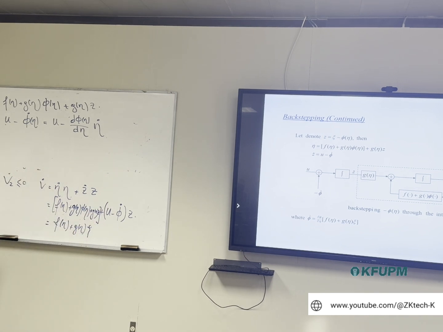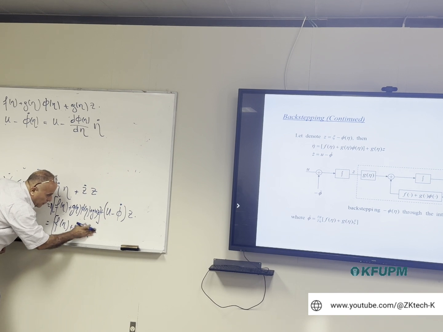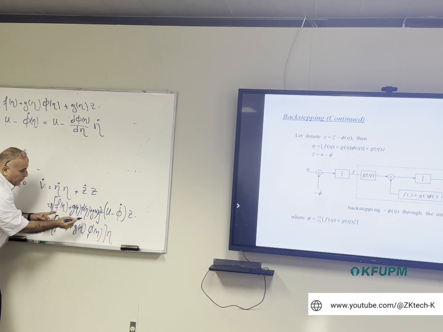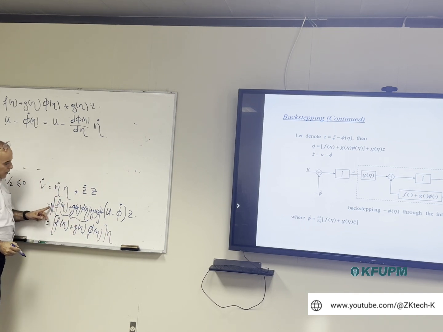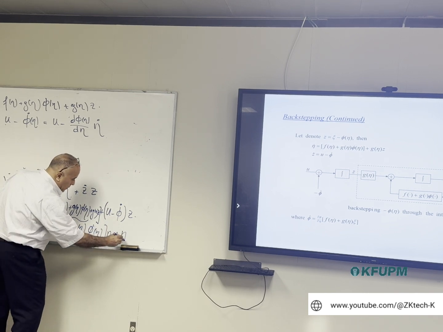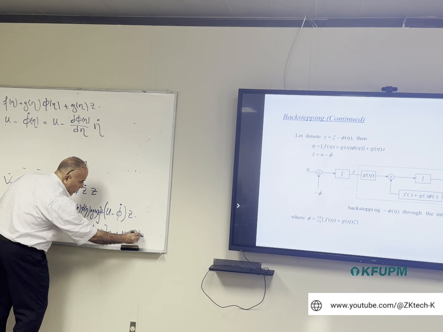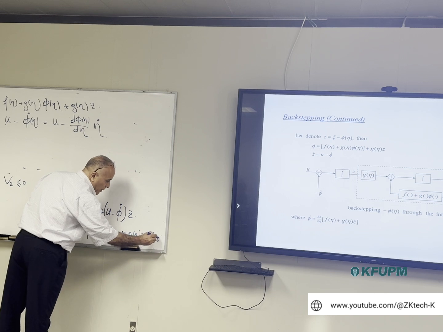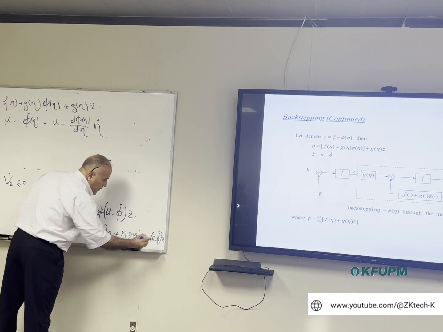So the whole thing, this one here, the whole thing multiplied by eta. I removed the value of eta here. So we are going to have eta multiplied by the first step. This multiplied by the value of eta plus eta, g of eta multiplied by z, plus u minus phi prime, the whole thing multiplied by z.